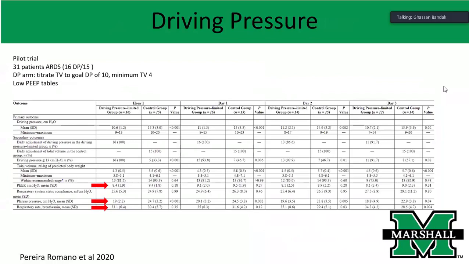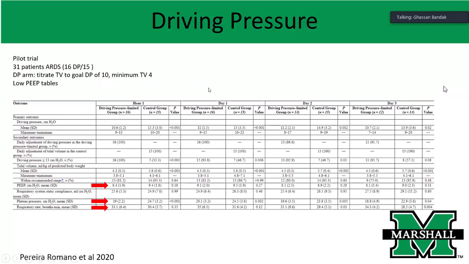So this was a recent pilot trial. Okay, they implemented the protocol. They wanted to say, okay, we want to target driving pressures. And they did a pilot trial. I think the larger trial may still be ongoing. But in this pilot trial, they took 31 patients with ARDS. They put 16 in the driving pressure group and 15 in the conventional group, and they targeted a driving pressure of 10.